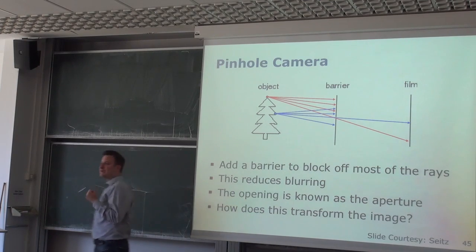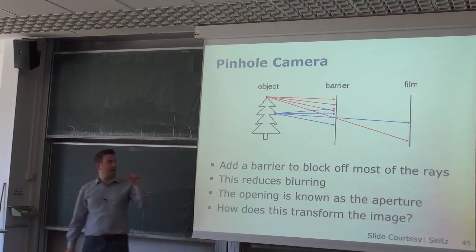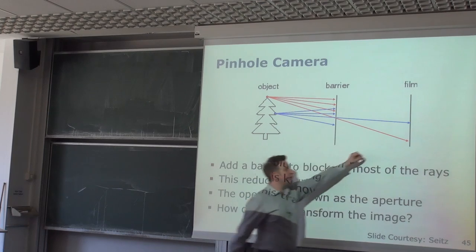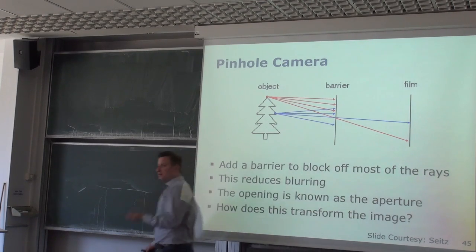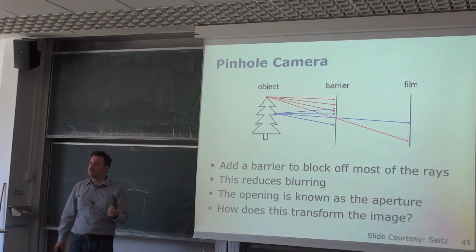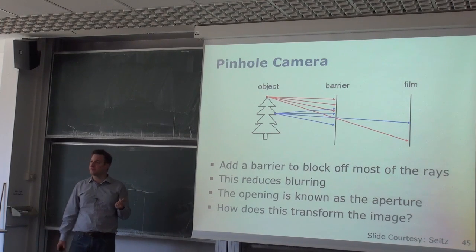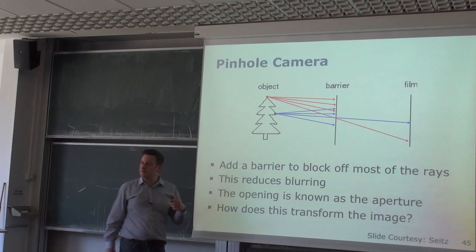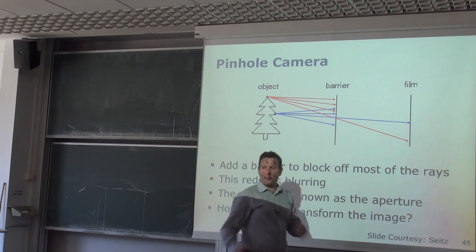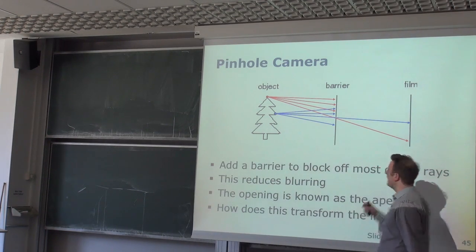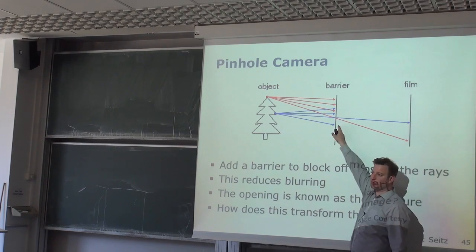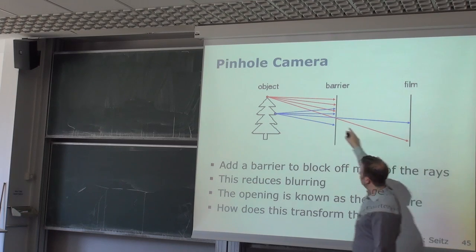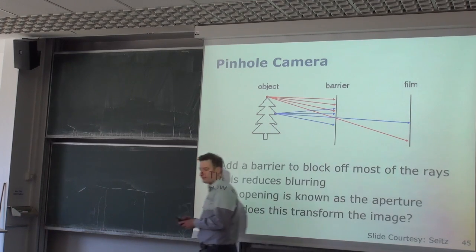And this is the trade-off that I always have to make: what's the amount of blur I'm willing to consider, given the fact that more light reaches my film or my sensitive material. And depending on the quality of the human eye, we may say, okay, a certain hole size generates sharp images. From a certain size, the images get blurry.